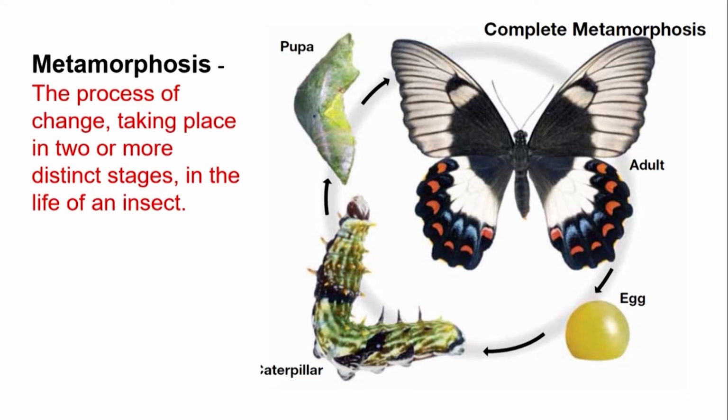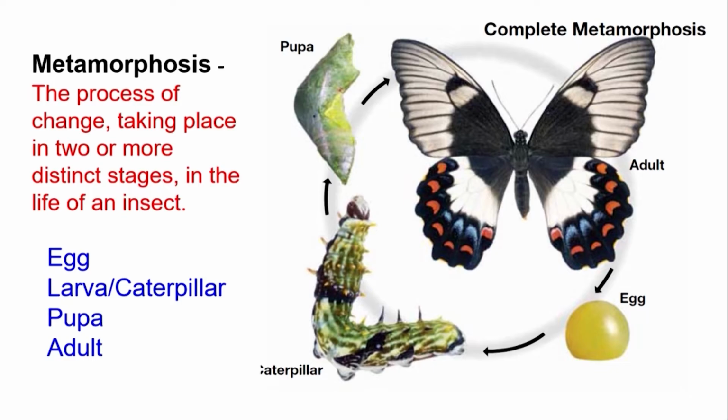Metamorphosis is the process of change taking place in 2 or more distinct stages in the life cycle of an insect. Here you see a complete metamorphosis. That would include an egg, the larva or caterpillar in a butterfly's case, the pupa, and the adult.